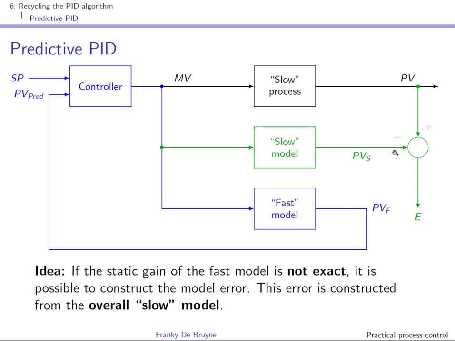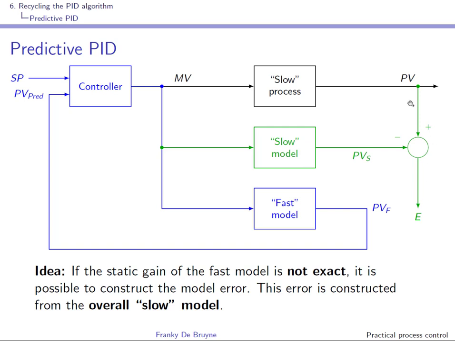So by comparing the output of the slow model, this slow PV, to the actual PV, we can detect if there is a disturbance, and we can detect if there is here a model error, for instance a mistake in the static gain.